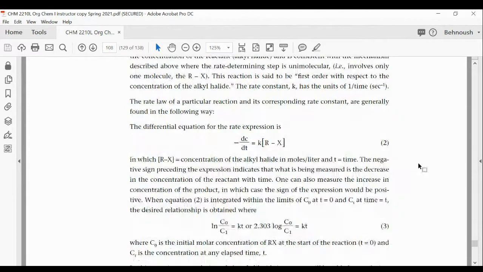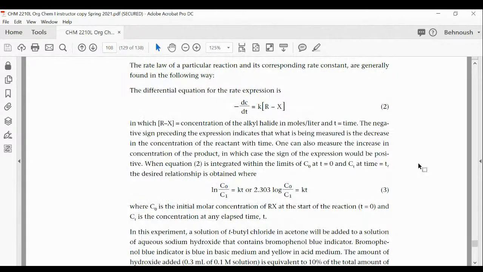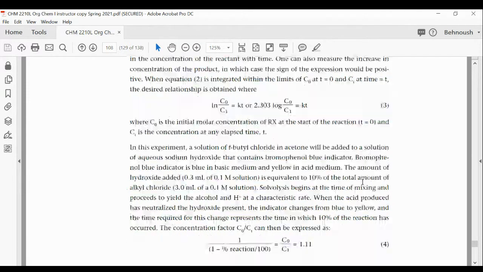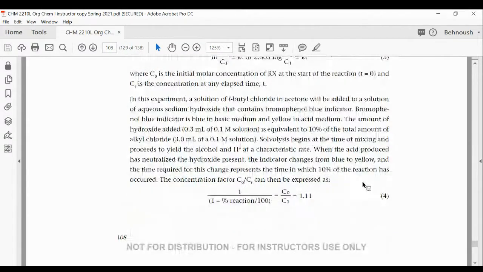So the design of the experiment is in a way that 10% of the total amount of the alkyl chloride has reacted. So we can use that for our calculation also, with that assumption if needed. So we already have that ratio.